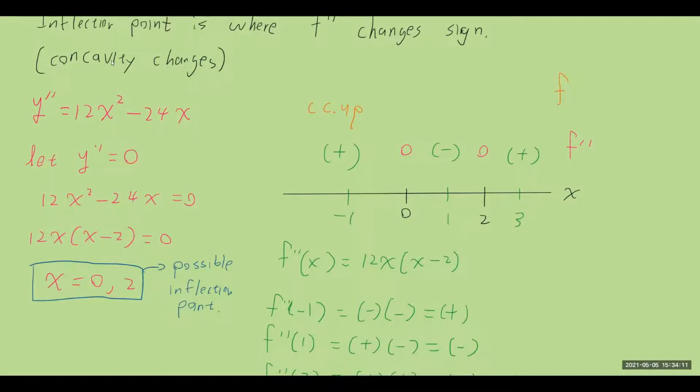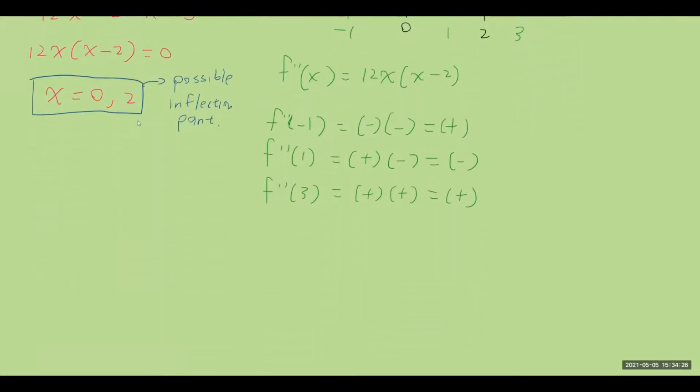Between 0 and 2, it's concave down. Right? Second derivative is negative. And after x equal to 2, to the right-hand side, we get concave up again because second derivative is positive. All right, so let's summarize this. We can say that x equal to 0 and 2 are inflection points.